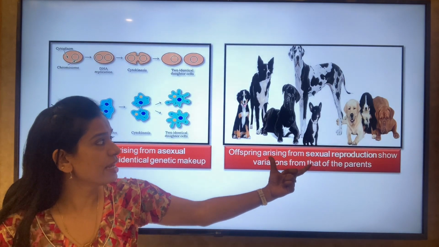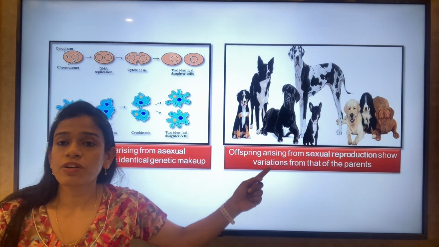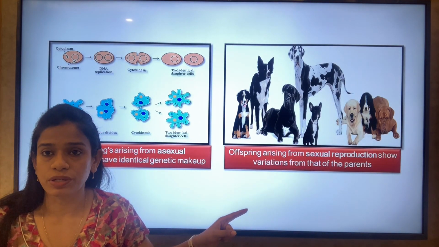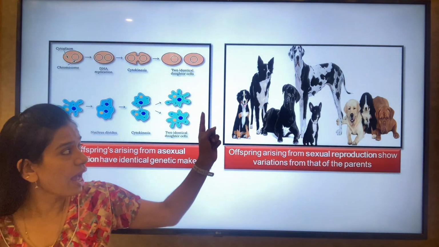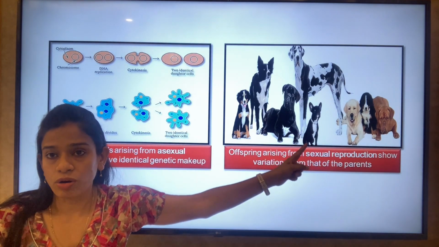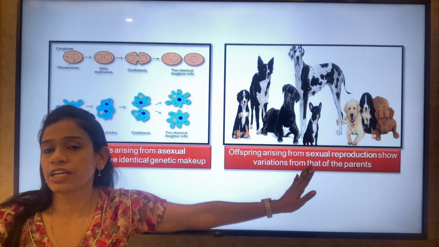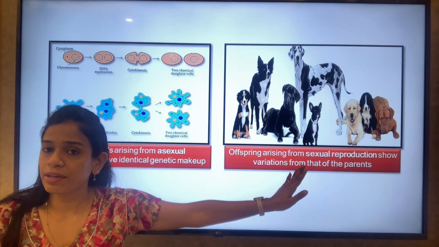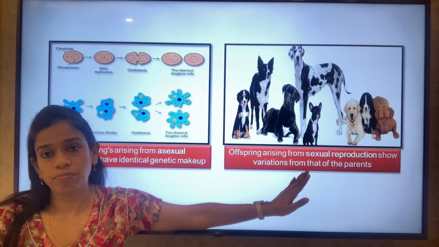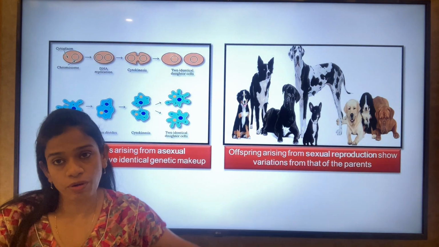Here you can see that the offsprings are quite different from each other. Easily you can identify them as different, but they all are dogs. They have the genetic makeup from their parents, but they also have something unique which differs from their parents.